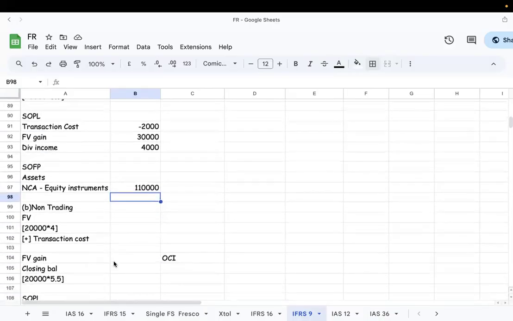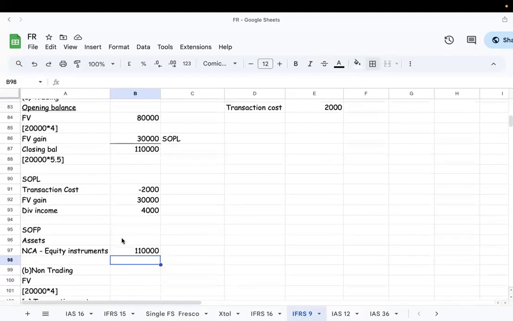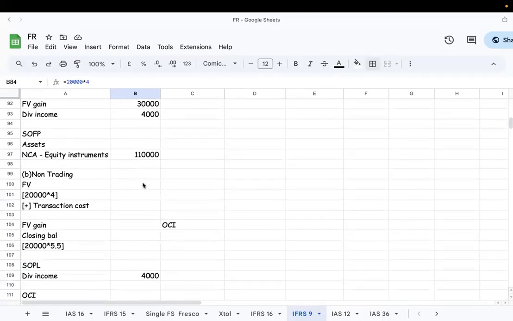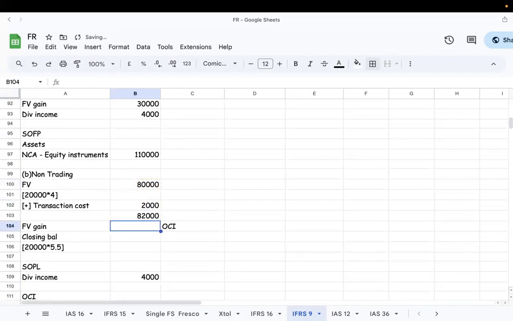Now the second method is non-trading instruments. The same thing applies: you're going to take the fair value of the item, and instead of expensing the transaction cost, you're going to capitalize it. So the balance becomes 2,000 plus 80,000.